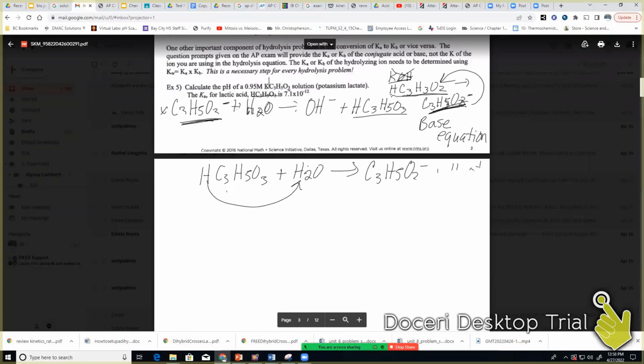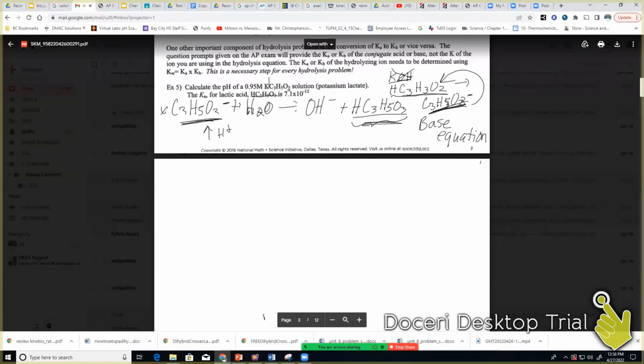The whole point of these, and I agree they're hard, is that we're trying to find the part that is going to stay together. That's what allows me to set up a buffer system. If I put in a strong acid, it could react with that part.